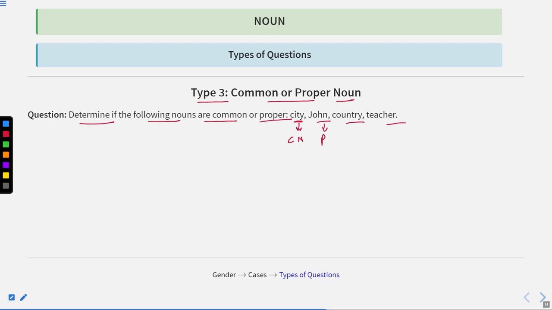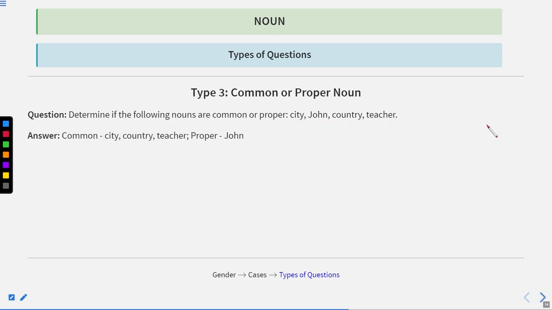John is the proper noun. Country is a common noun because for any country we use the same word. Teacher is also a common noun. So common are city, country, teacher, whereas proper is John.